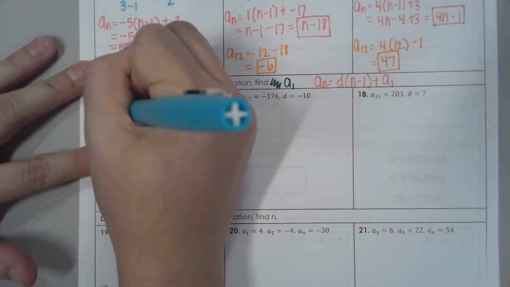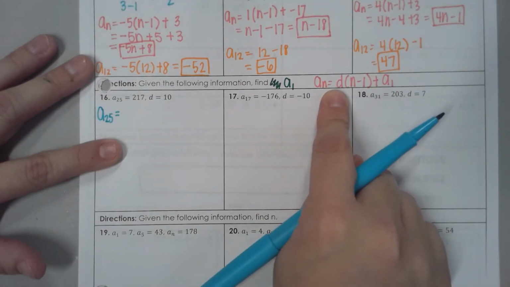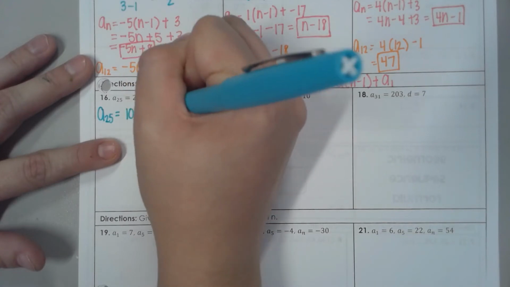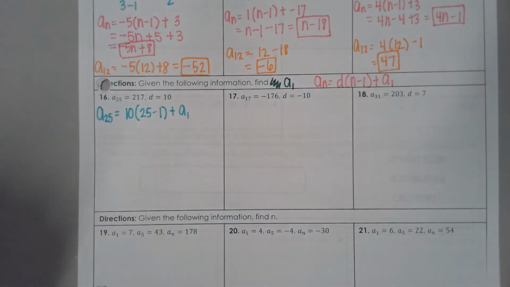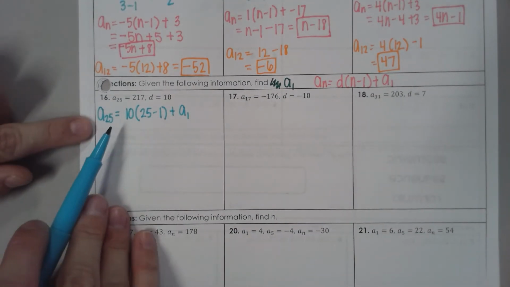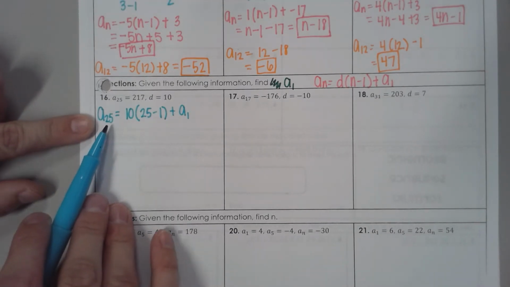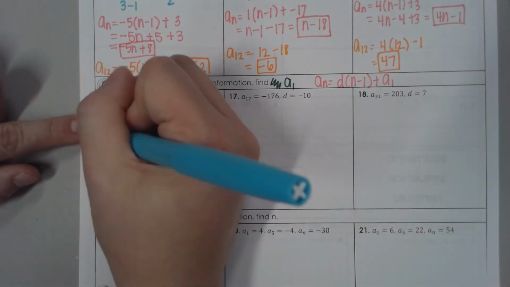So I have A25 equals, do I know my common difference? 10. And 5. What I don't know is A1. Now, I do know what A25 equals, though, right? What is it? 217, because my problem gave that to me.